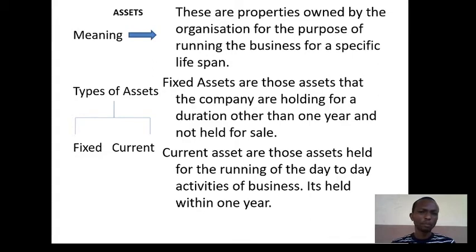Peradventure, a company now decides to lease an asset. When a company decides to lease an asset, which is also possible, if it is a finance lease, then the company has a right to incorporate such an asset into their fixed asset column.